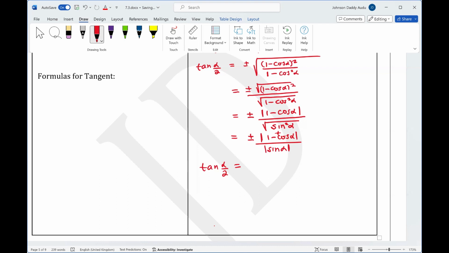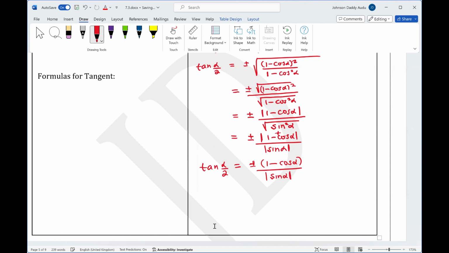The maximum value of cosine alpha is always 1. It means what is inside the absolute value is always positive, or 0. So it means we can remove it. So you have plus or minus, then you have 1 minus cosine alpha divided by the absolute value of sine alpha.